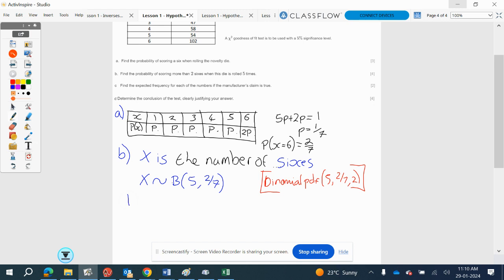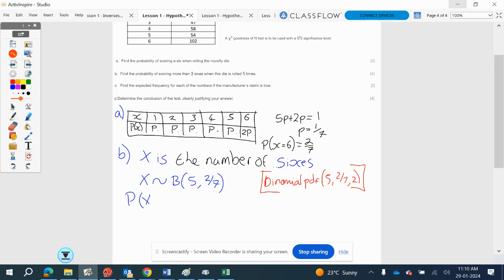So we need the probability that the distribution x produces a 2. We need 2 sixes. No, sorry, we don't. We need more than 2 sixes. Well, actually, it says more than 2 sixes. So what does that mean?